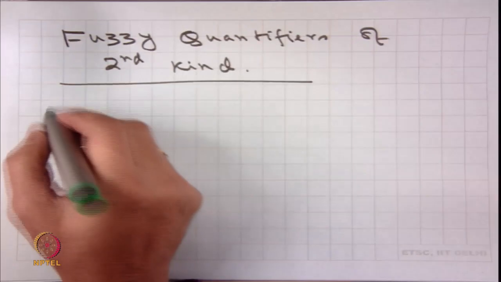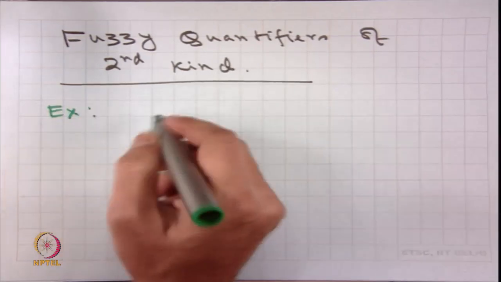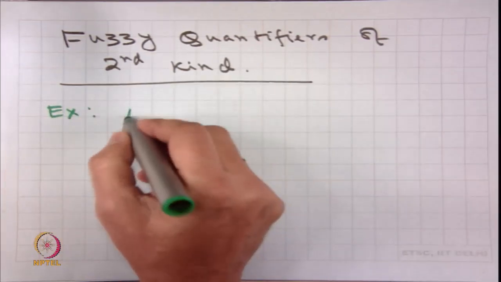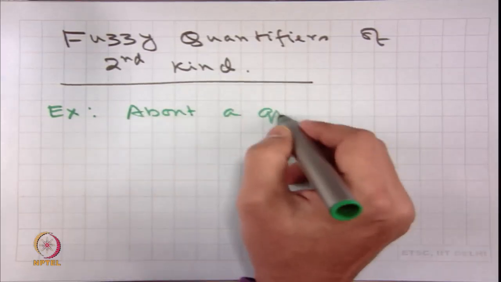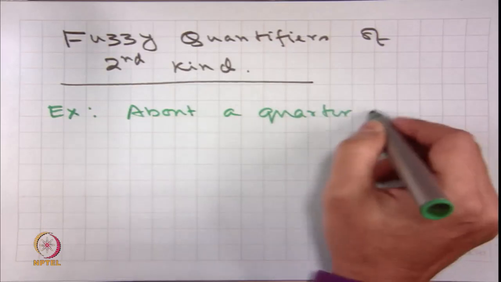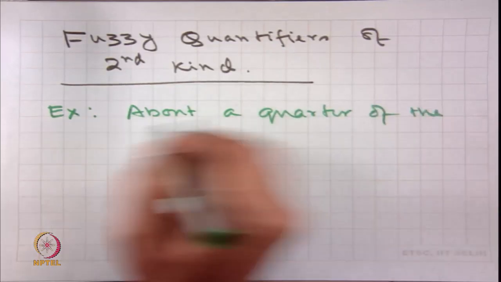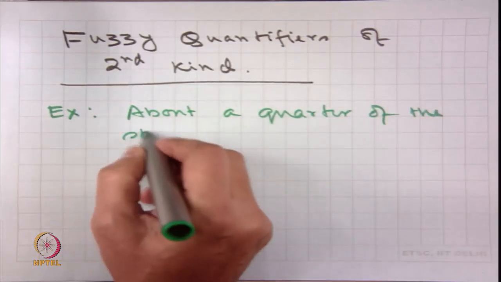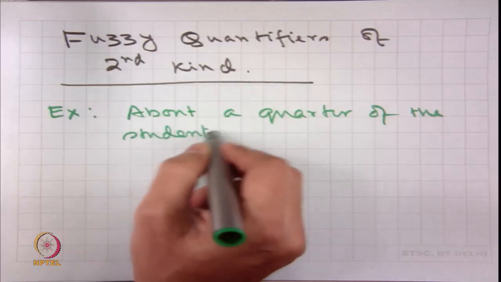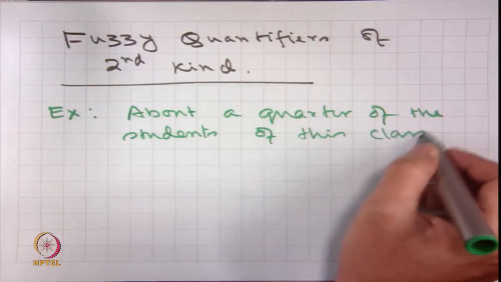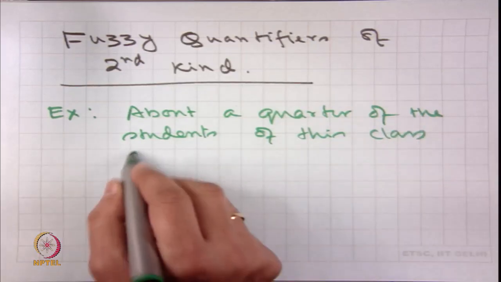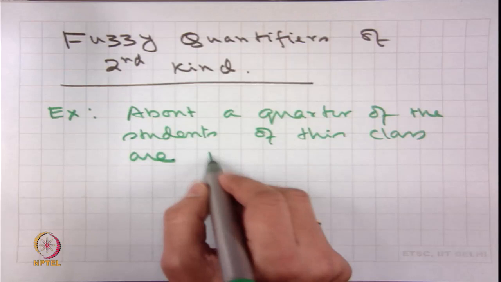Example: about a quarter of the students of this class are B.Tech students.